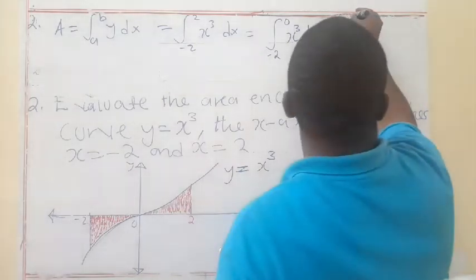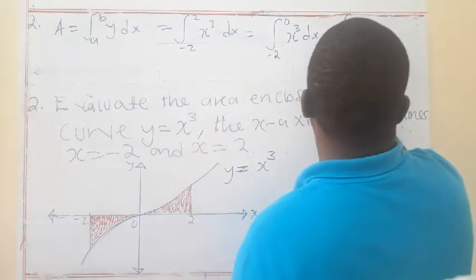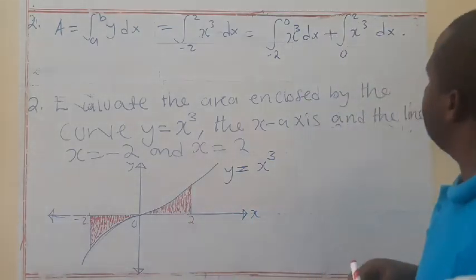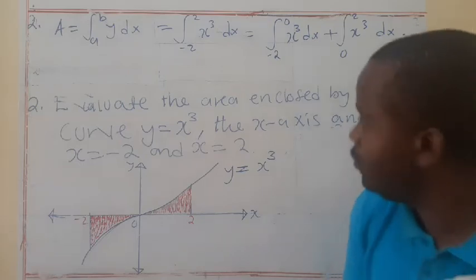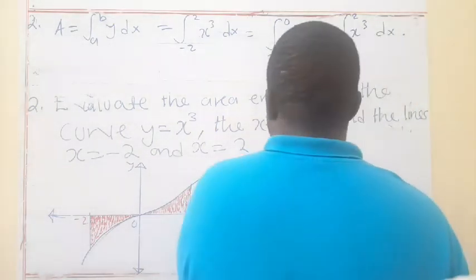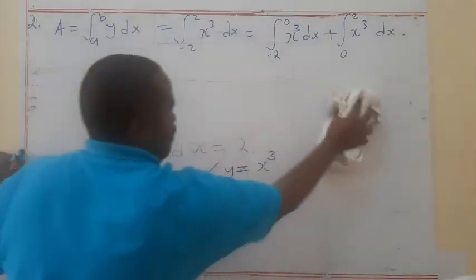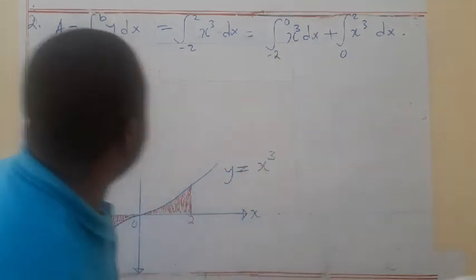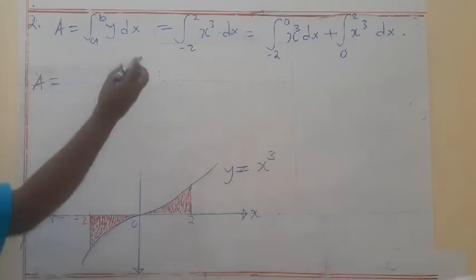So again, integrate the same function, x to the power 3, but now from 0 to positive 2 with respect to x. Okay? So let's see what we are going to get. So our area shall be the first one.